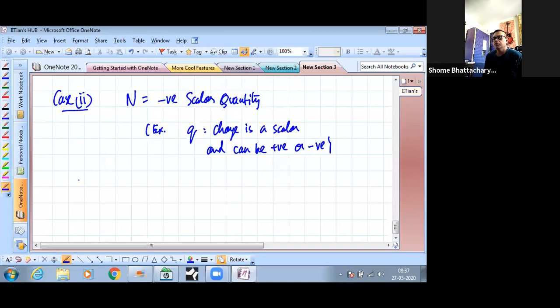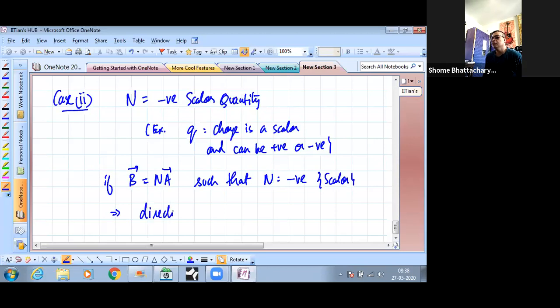Okay. So what happens if the vector b is n times the vector a such that n is a negative scalar? Then the direction of b, instead of being parallel, becomes opposite or anti-parallel.